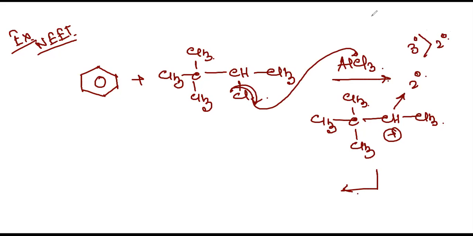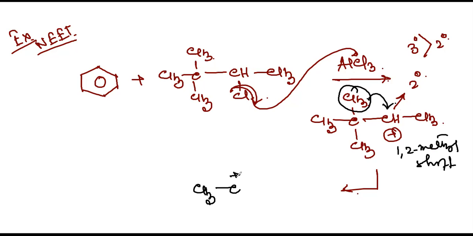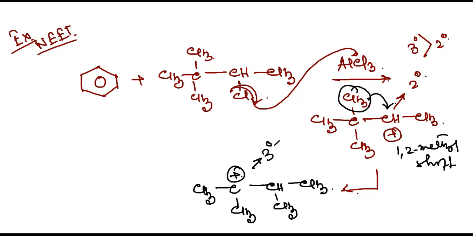So we should see that tertiary is more stable than secondary. As we have done in our previous classes, you should remember those and see the copies. Methyl shift occurs. This is called 1,2 methyl shift. What happens? CH3, C plus charge, CH3, CH, CH3, CH3. So now the carbocation is 3 degree. Just join the plus charge with the benzene.